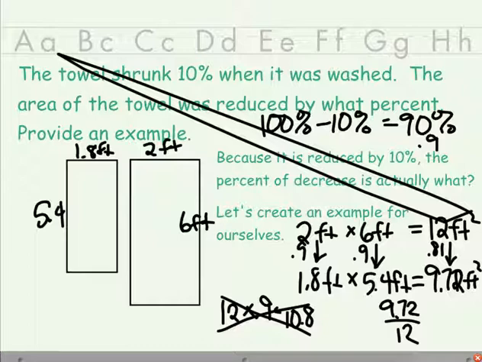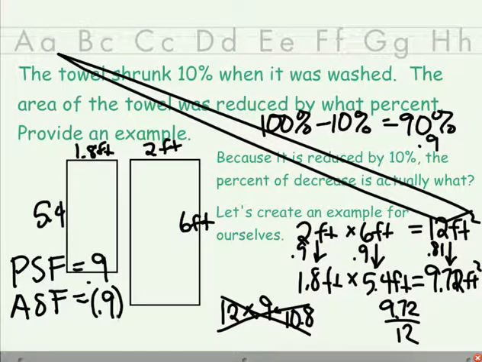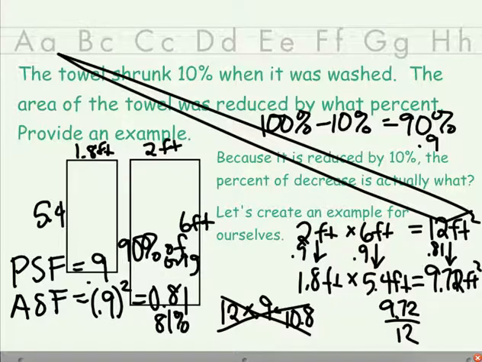If you see any relationship between 0.9 and 0.81, it's that if I have a scale factor of 0.9 for the dimensions, like we had 90%, my area scale factor is 0.9 squared, or 0.81, 81%. So if this is 90% of the original, this is 81% of the original.